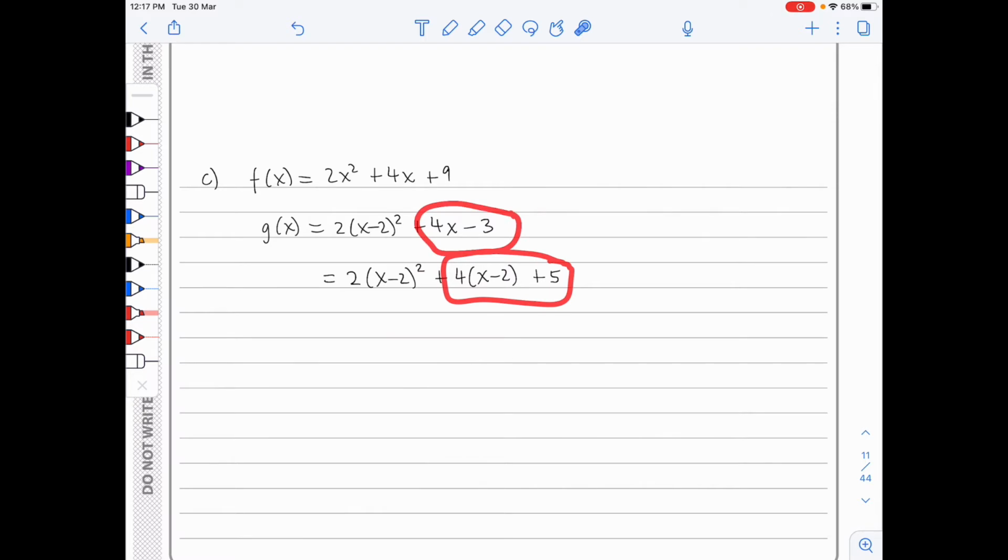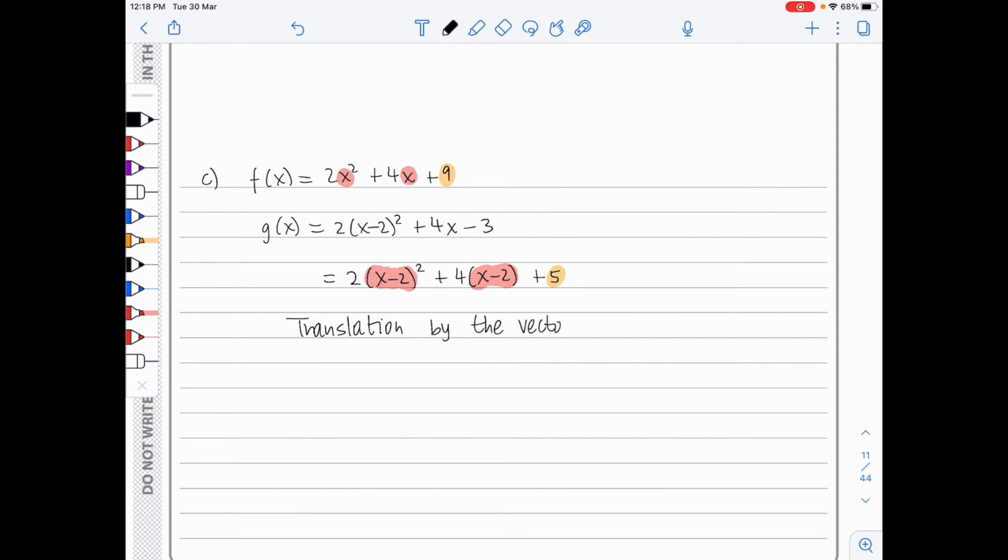So if we compare now with f of x, we see that x has now been replaced by x minus 2, which is essentially a translation 2 units to the right, and then 9 became 5, so we've got a decrease by 4 in the y, so this is a translation by the vector (2, negative 4). So 2 to the right and then 4 down.